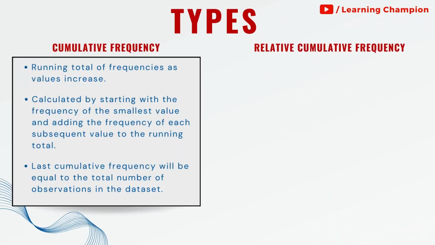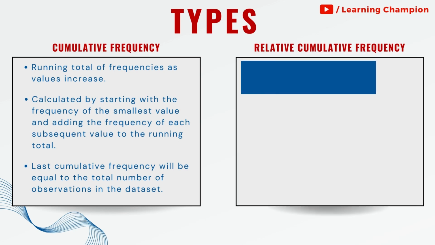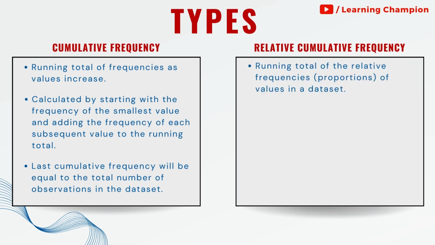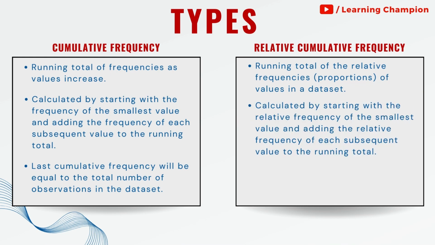Last type of frequency is relative cumulative frequency. Relative cumulative frequency is the running total of the relative frequencies of values in a dataset. To calculate the relative cumulative frequency, you start with the relative frequency of the smallest value and add the relative frequency of each subsequent value to the running total. The last cumulative relative frequency will be equal to 1 or 100% if expressed as percentage.